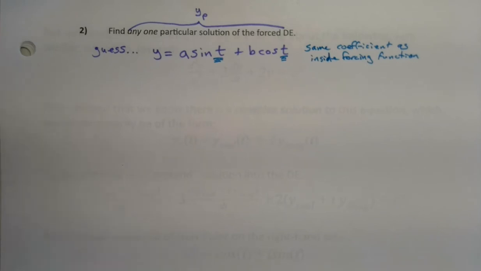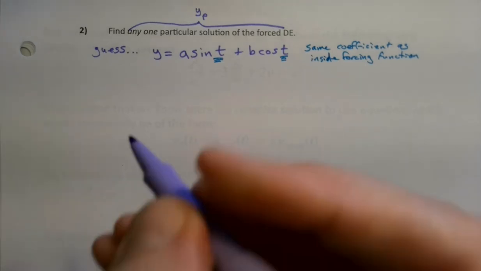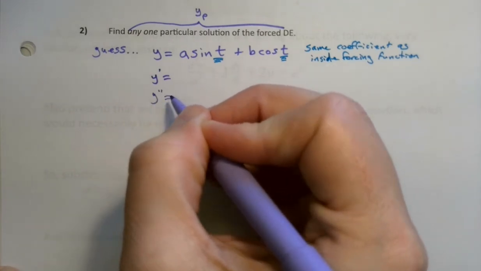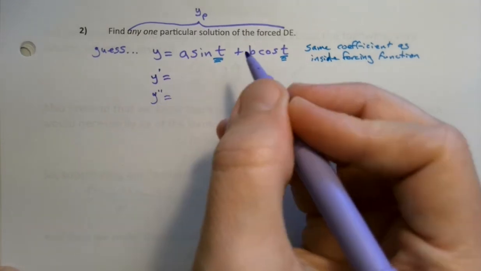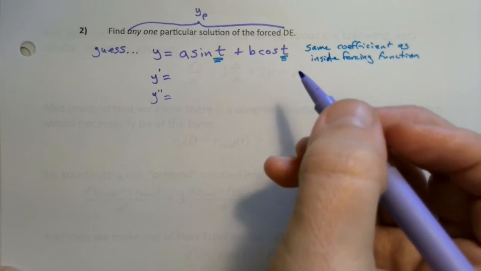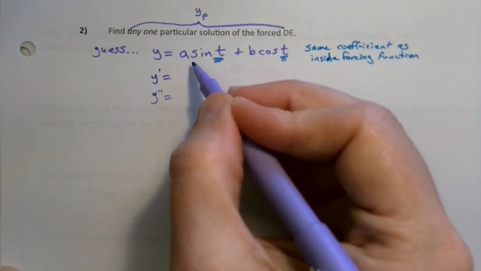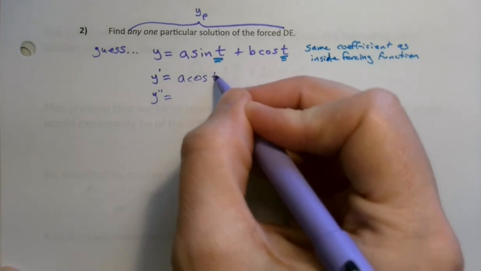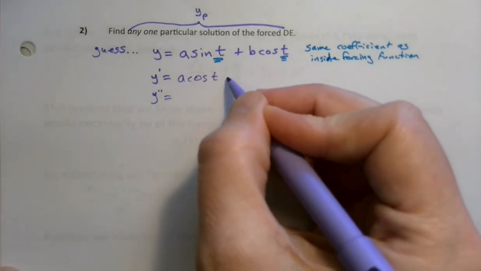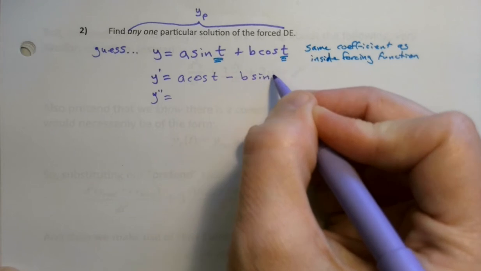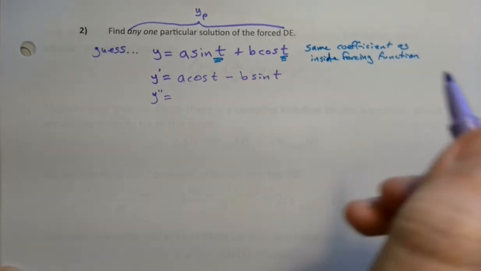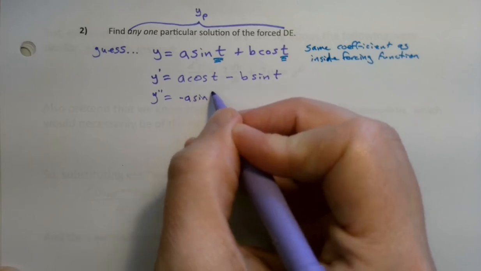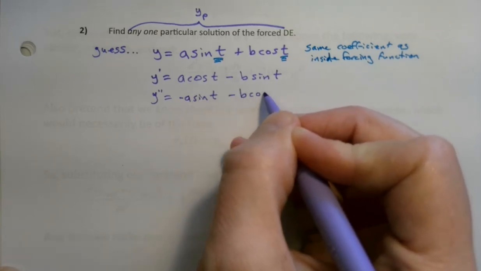And that means that now we can come up with our y prime and our y double prime, because we need both of those to be able to substitute back into the equation. The first derivative of a sine t is a cosine t, and the first derivative of this term is going to be minus b sine t. Then taking the second derivative gives us negative a sine t minus b cosine t.